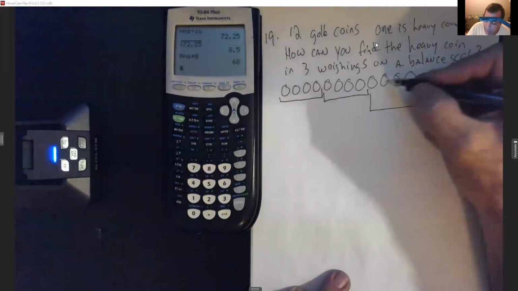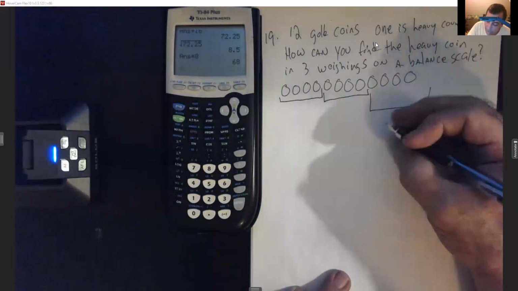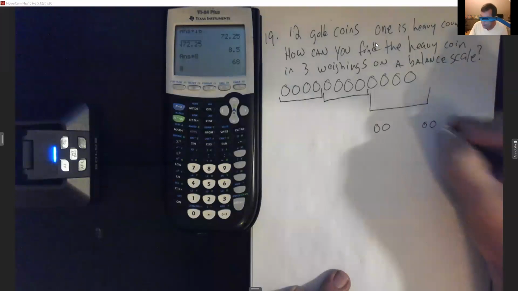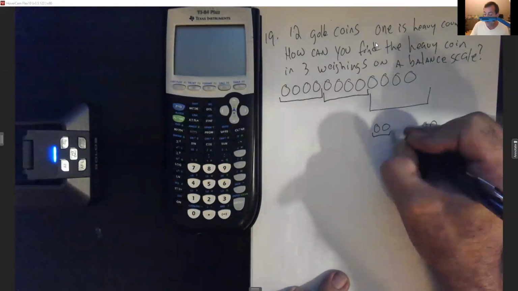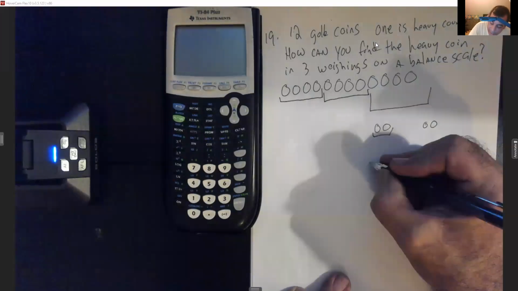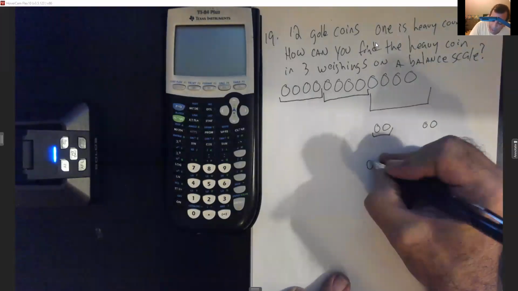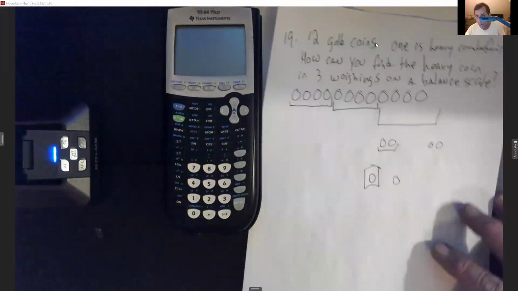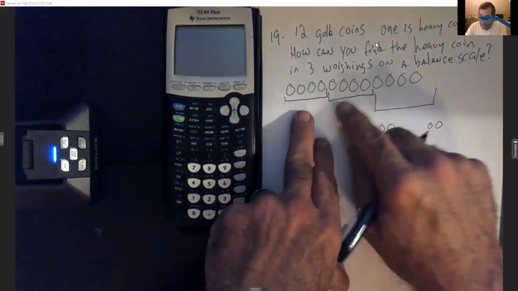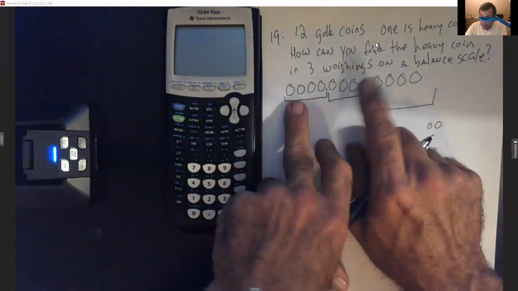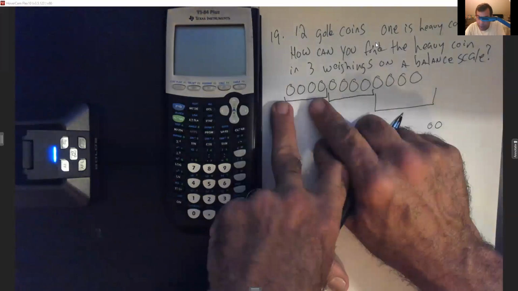Out of these 4, for my second weighing, I would do 2 and 2. I would know one of these was heavy, so say this one was my heavier one, and on my third weighing, I would do 1 and 1, and I would isolate my heavy coin. So did you see how we did that? 2 methods. I did 4 and 4. That way, if one of these was heavy, I eliminated everybody else and focused on them.